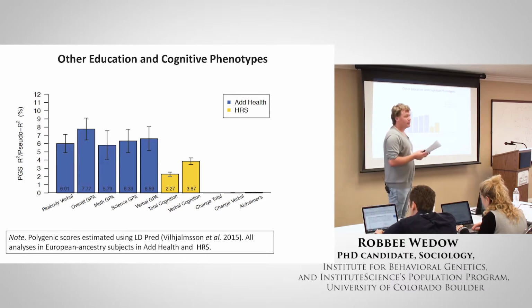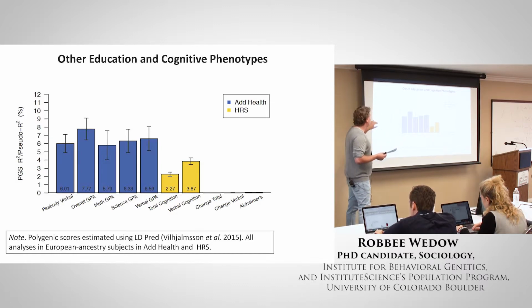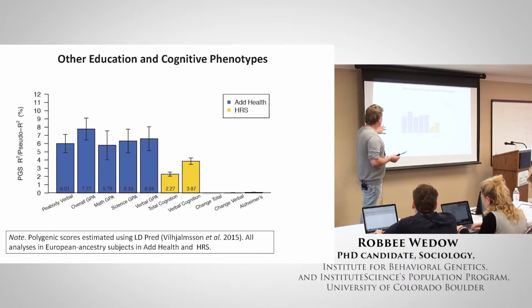That's a really nice measure we have in AddHealth. The blue bars here, which represent AddHealth, show the results of the predictive power. For Peabody, we have a predictive power of our polygenic score of about 6%. Then we have about 8% for overall GPA and 6 to 7% for those subject-specific GPAs. So, some measures of academic achievement.